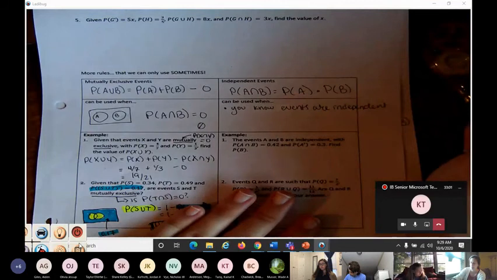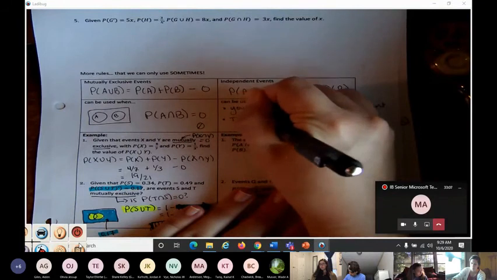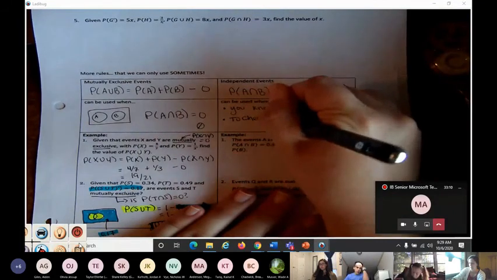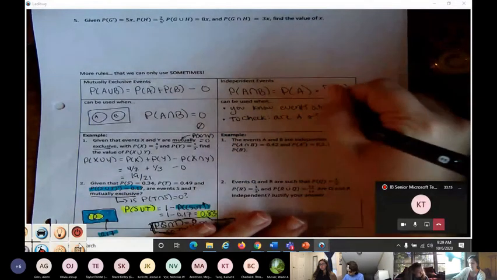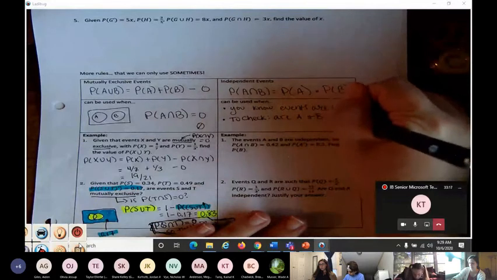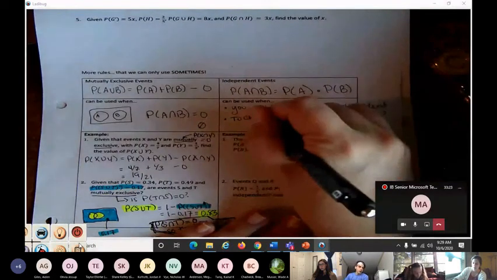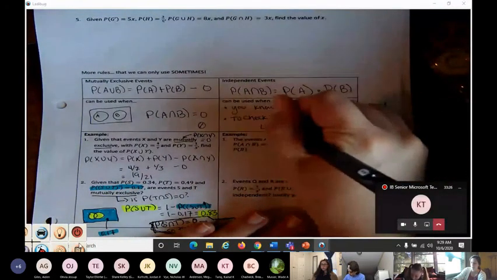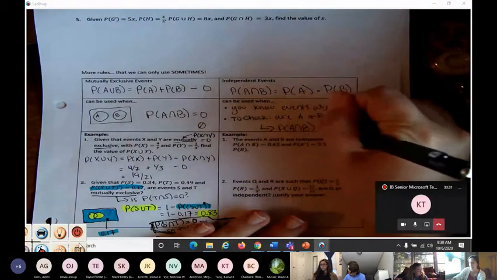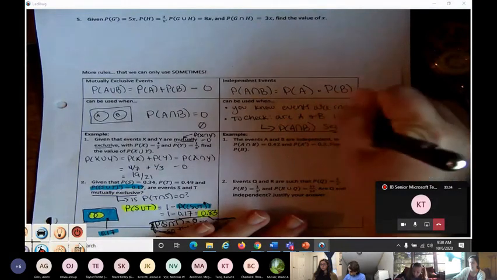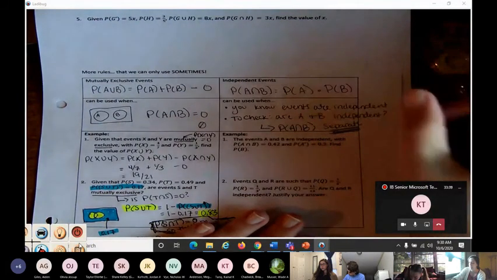To check if A and B are independent, you should check P of A intersect B separately. This is key. Checking the two things separately is key.